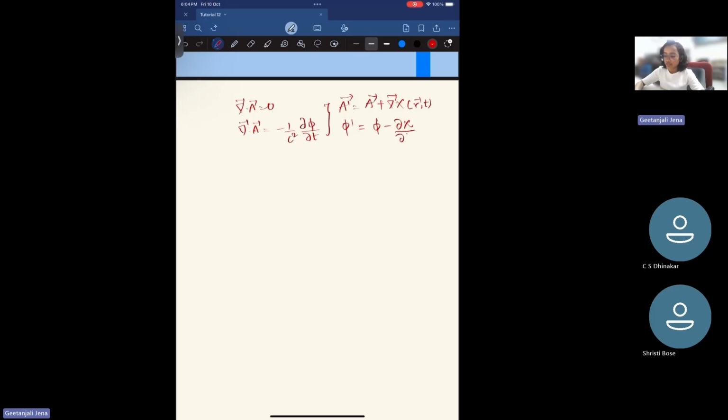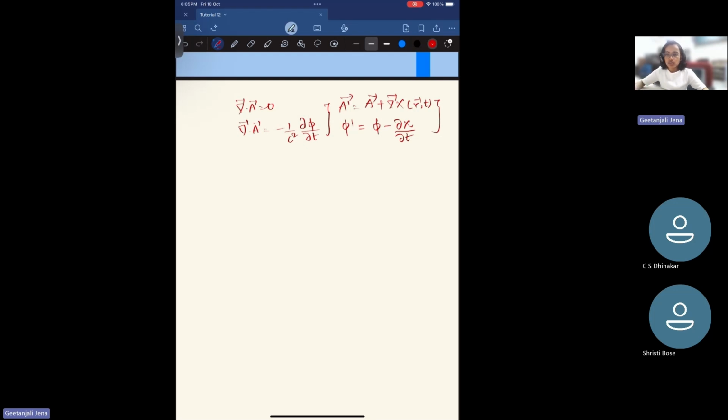In this transformation, the physical fields that we want to study, the electric and magnetic fields, do not change. After that, we saw the solution of Maxwell's equations in free space.